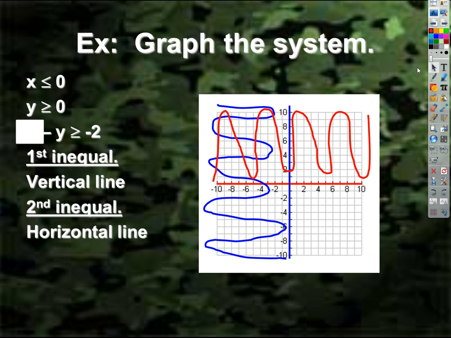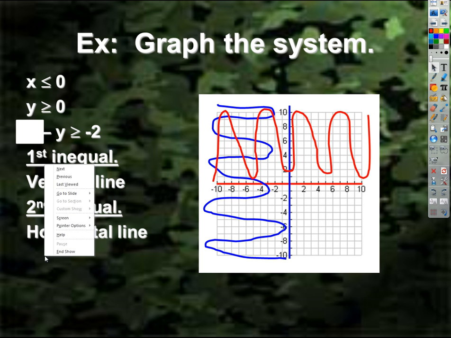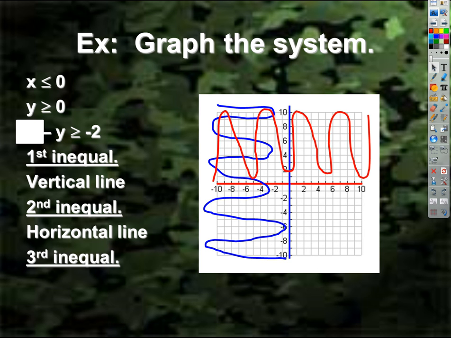Everybody agree? So I'm going to get a y-intercept of positive 2. And an x-intercept, if I cover up the y, of -2. So there are my 2 intercepts.